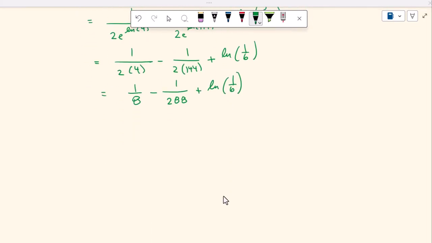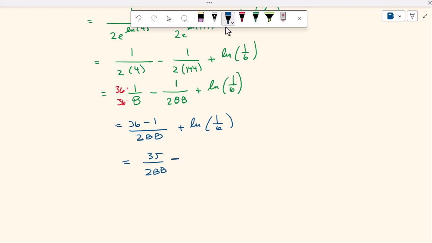So we'd want a common denominator here, and 8 goes into 288, 36 times. So I'd multiply top and bottom by 36 here. And this would equal 36 minus 1 all over 288 plus natural log of 1/6. And then our last step, 36 minus 1 is 35 over 288 plus natural log of 1/6.